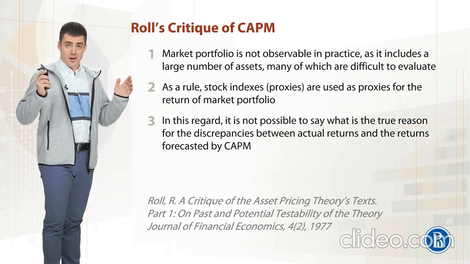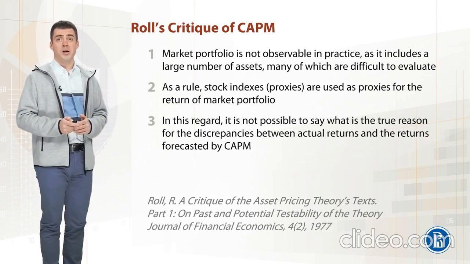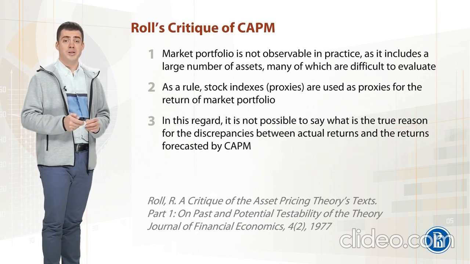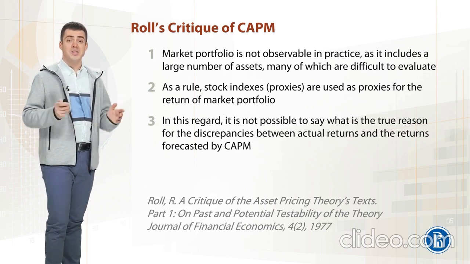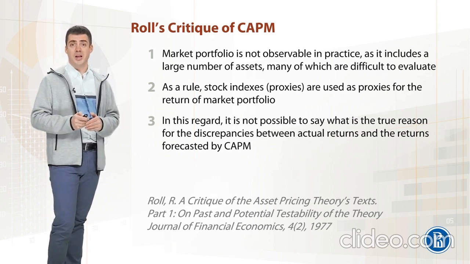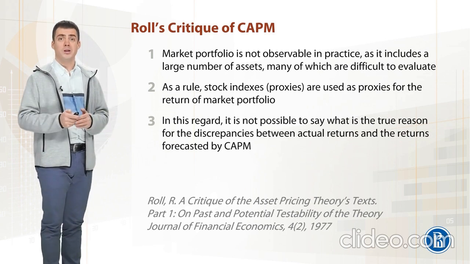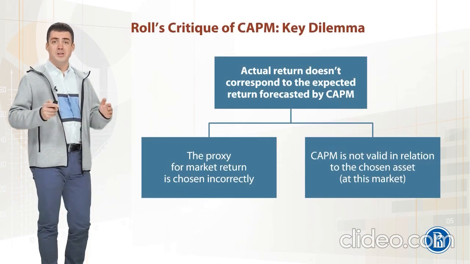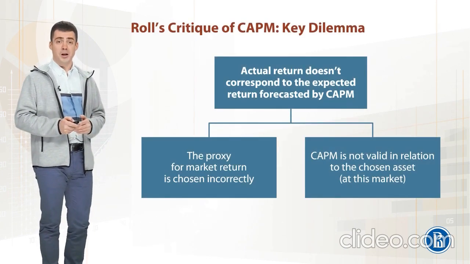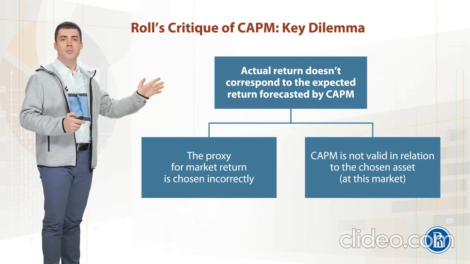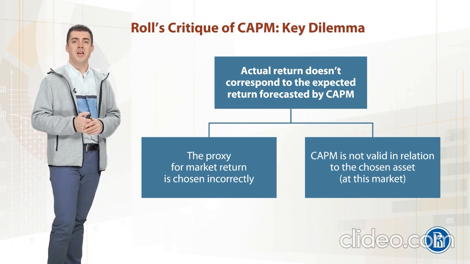And that's why the capital asset pricing model cannot be efficiently tested in practice, because we cannot say what influenced the returns in reality and what was the real true reason why the return forecasted by the CAPM did not fit the actual return. In other words, we can describe Roll's critique of the CAPM as the following dilemma.